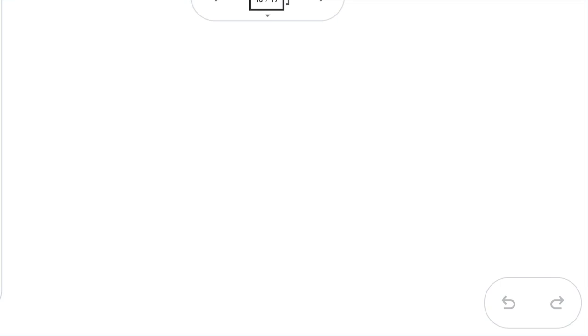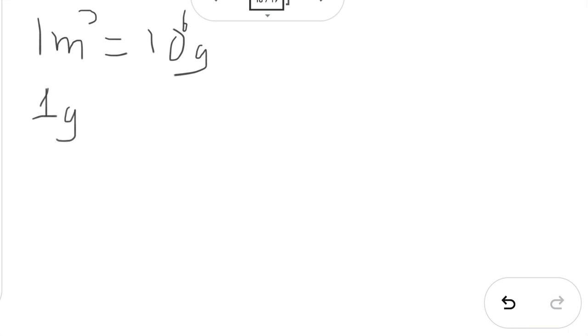What we should know here is that to convert from grams to cubic meters, we have 1 cubic meter being equal to 10 to the power 6 grams. So this tells us that 1 gram is equivalent to 10 to the minus 6 cubic meters.